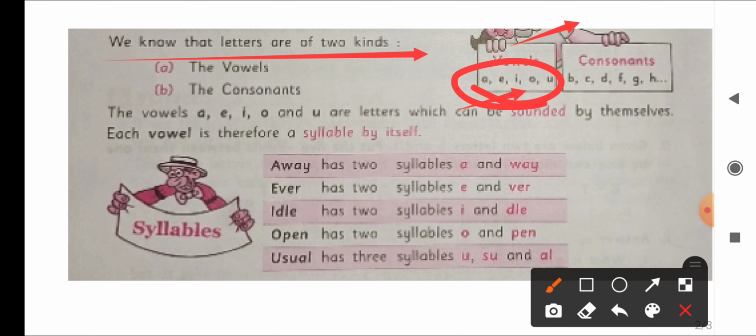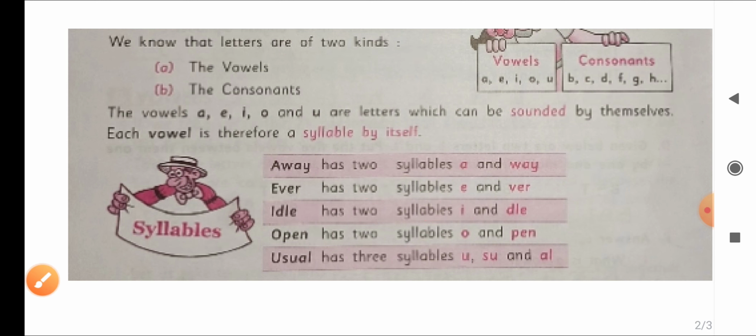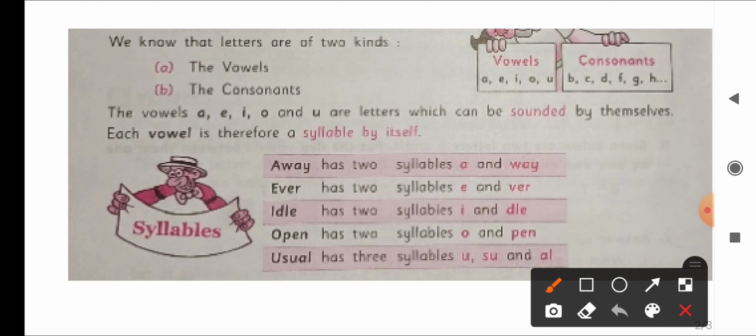Except these five letters, 21 letters are remaining out of 26 letters. 5 are vowels, so there are 21 consonants, isn't it? So vowels have the sound of their own. Yes or no? We learned in our last class.